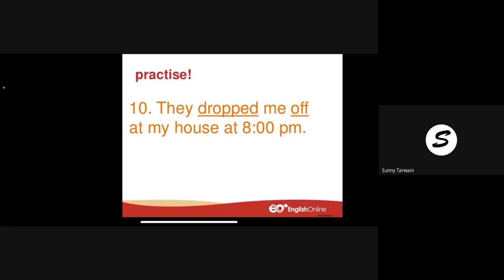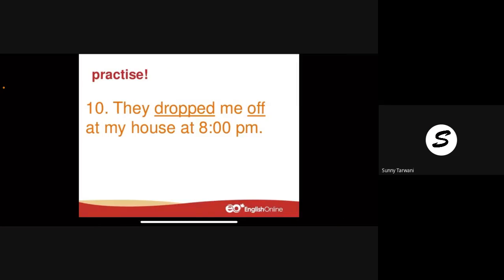See, there are two underlined words, but it is only one verb: dropped off. Like you pick up someone and drop off someone in your vehicle. So tell me whether it is transitive or intransitive.